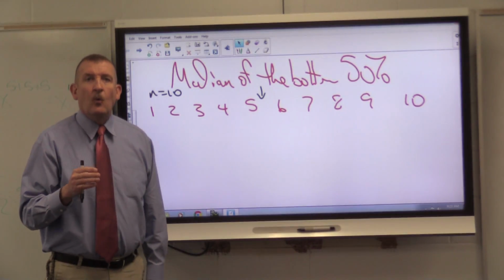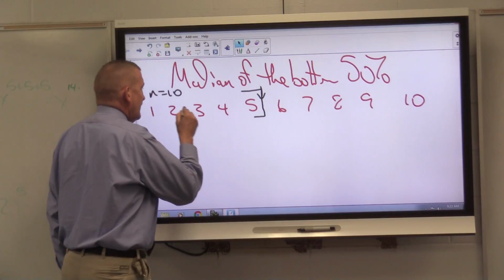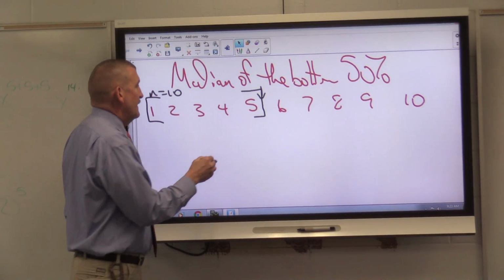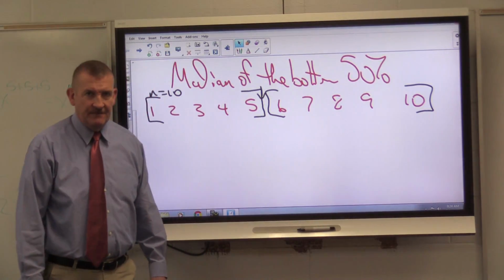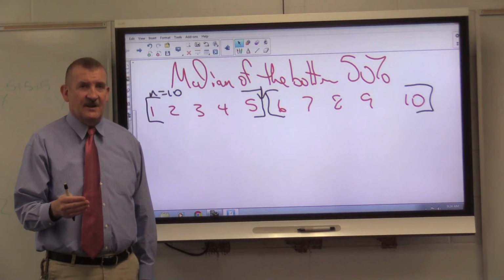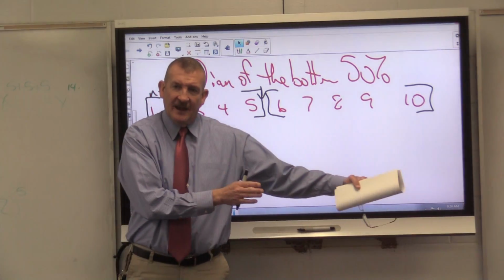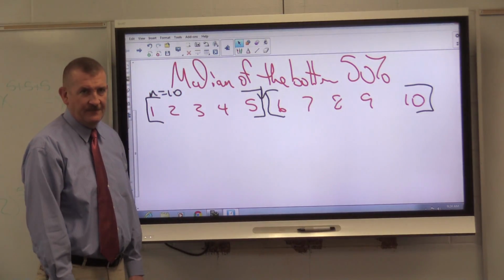But again, what your median does is divide your data set so that 50% lies below the median and 50% lies above the median. Hopefully that makes sense to everybody, that the median is the middle value. It divides the data set into the lower and upper 50% of the data set.